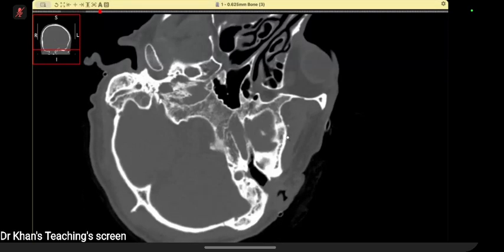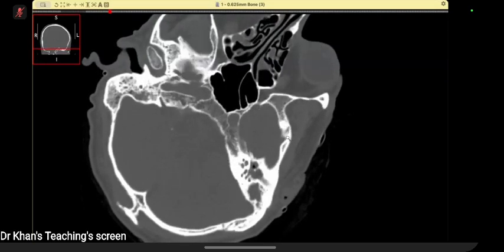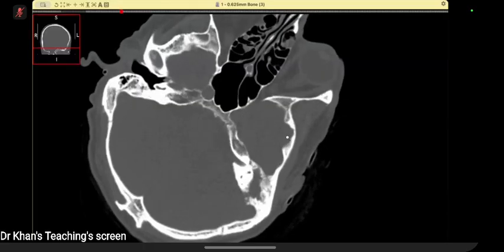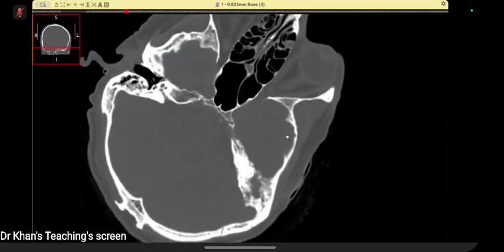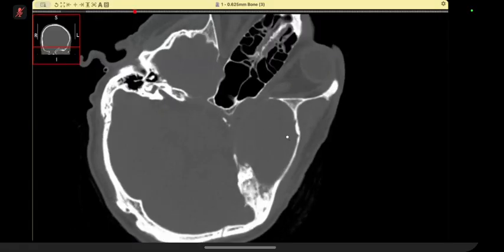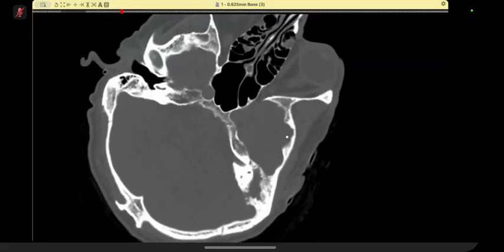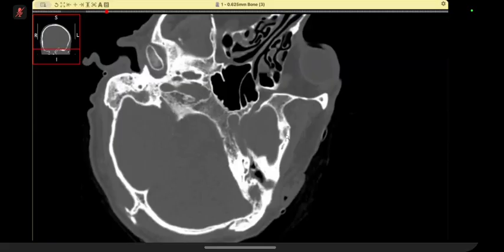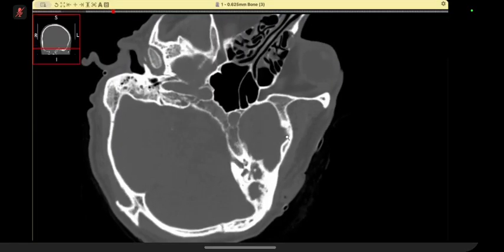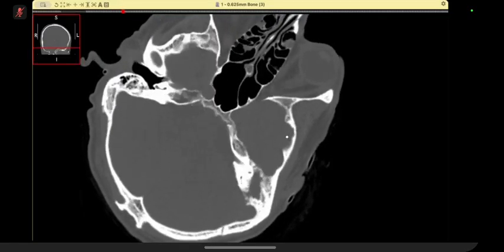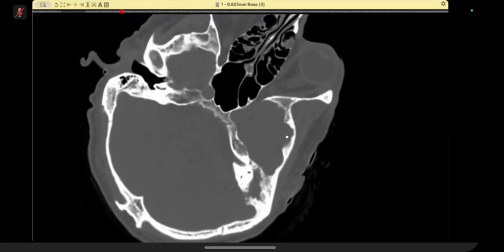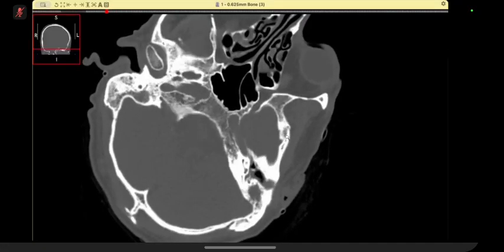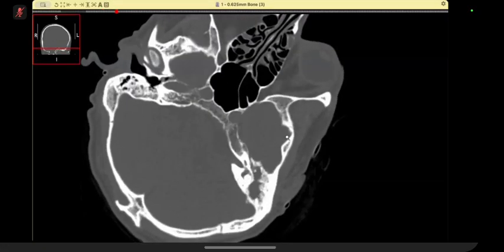There is a dependent density in the epitympanum, as well as the mesotympanum, surrounding the ossicles, which are quite eroded. It is dependent because I can see air at its top, and there is part sclerosis of the surrounding bone, as well as some erosion.